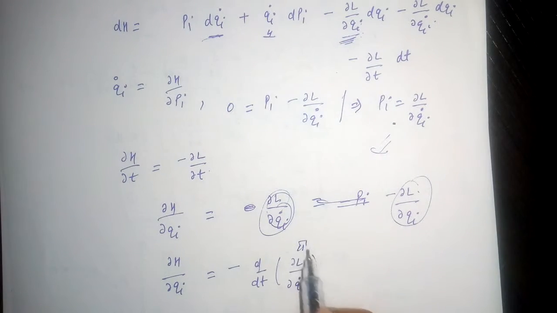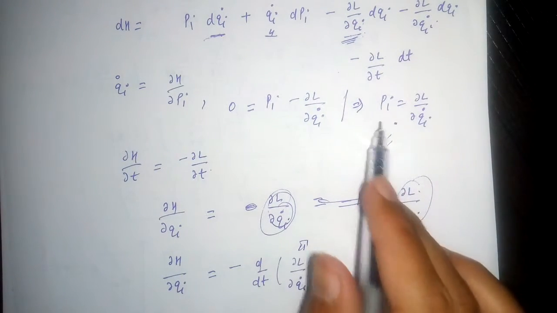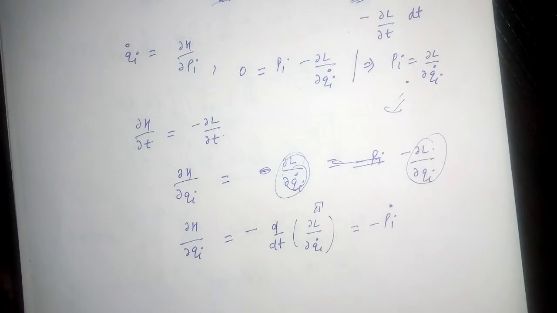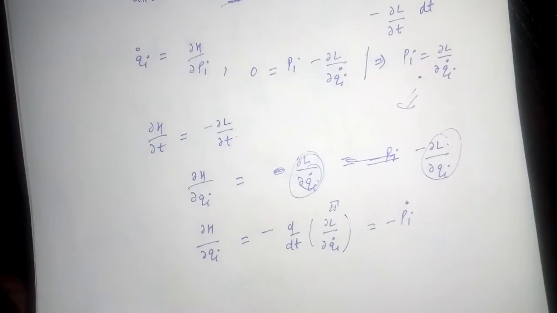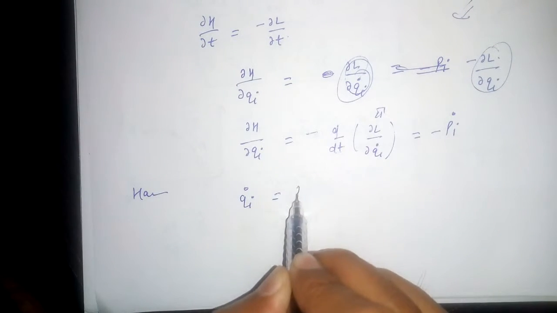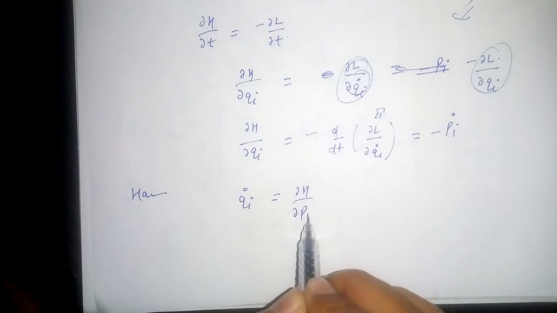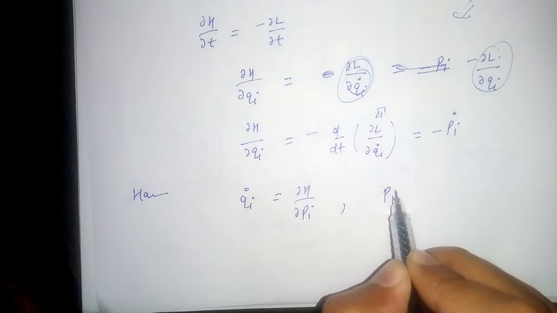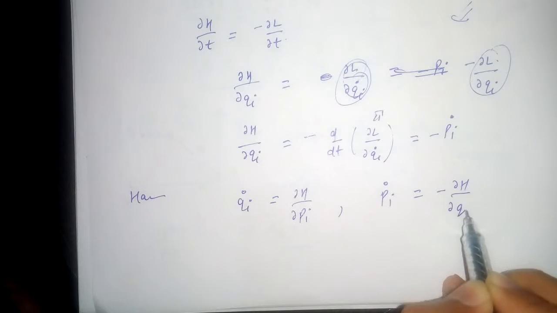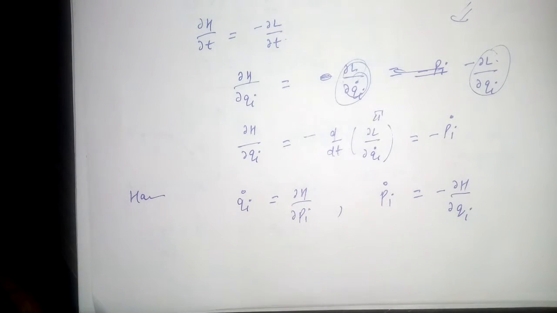And what is delta L upon delta qi dot? Pi. Then this will be pi dot. So there are two Hamiltonian equations of motion: qi dot equals delta H upon delta pi, and pi dot will be minus delta H upon delta qi.